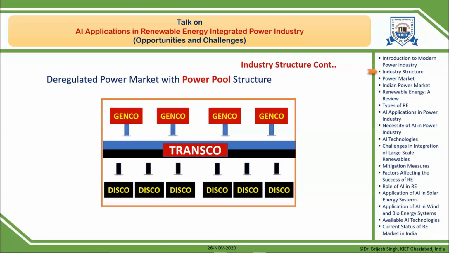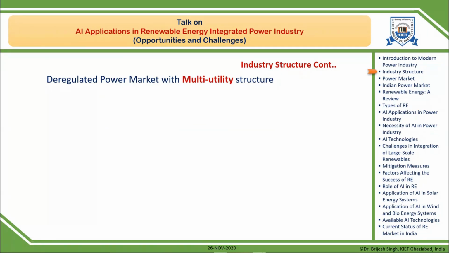The generation can also make direct coordination with the distribution company as well as the transmission companies. So a variety of market contracts and marketing strategies have started in the power industry, and this type of market is known as a deregulated power market, or it is also known as a power pool structure. Nowadays, almost all the developed and developing countries have their own power pool, and they are operating in a deregulated manner. So this is the basic introduction to regulated versus deregulated market structure.